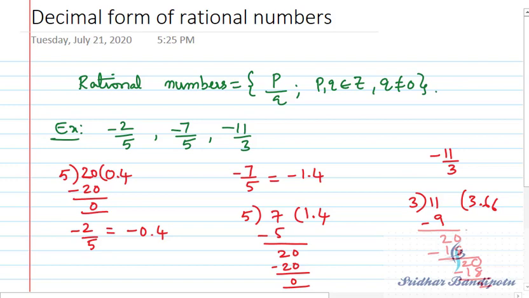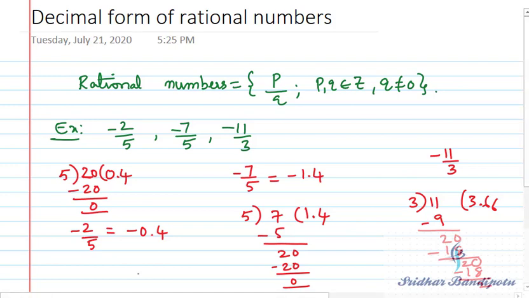Here again you will get remainder 2. Here the remainder 2 is repeating, right? And the quotient 6 is also repeating, right?